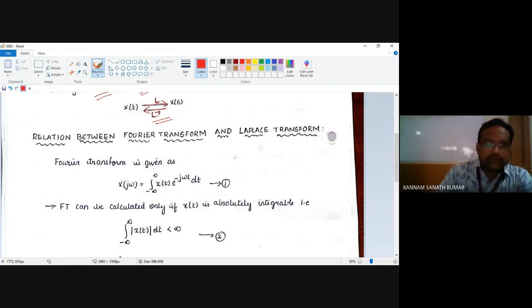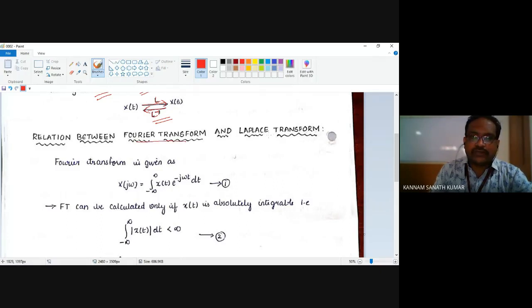Now the relationship between the Fourier transform and Laplace transform. This is the formula for the Fourier transform: X of j omega equal to integration from minus infinity to infinity of x of t into e power minus j omega t dt. For the Fourier transform to be calculated, the signal should be absolutely integrable.